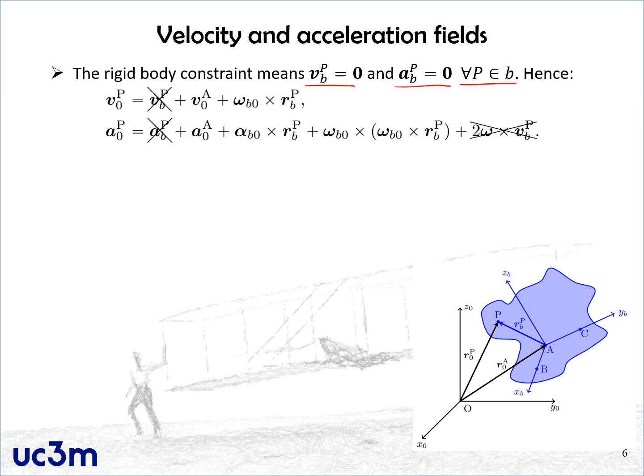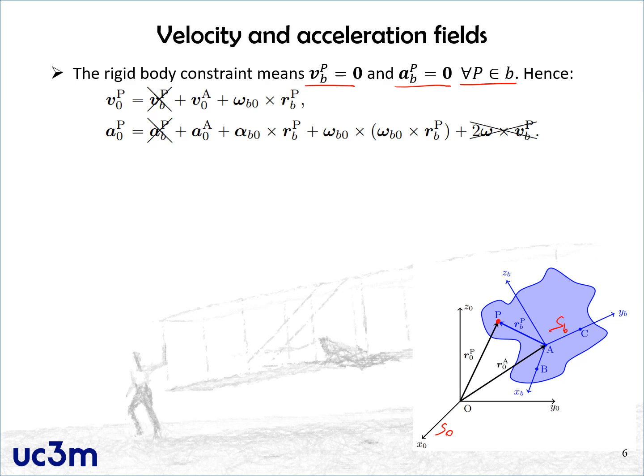So if we start with the expressions for the velocity and acceleration that we learned about in the lecture of relative dynamics, we have the possibility of using them to relate the velocity of a point P of the body as seen from reference frame S0 and as seen from reference frame SB, all right?